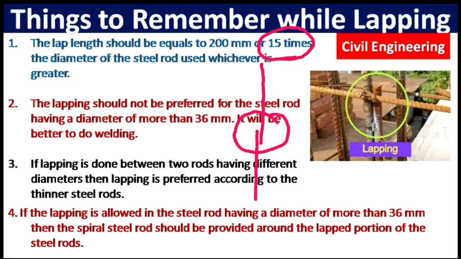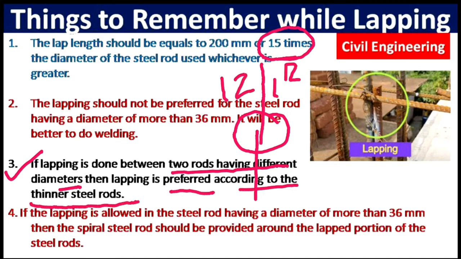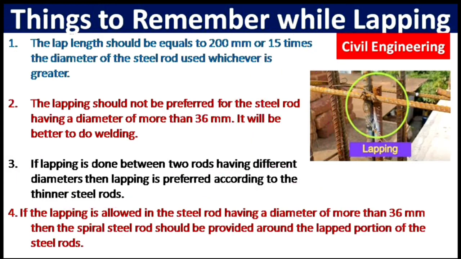So here in the third point it is given that if the lapping is done between two rods having different diameters, then lapping is preferred according to what? The thinner steel rod. If one is 12 mm and another is 10 mm, then we have to use the 15 times with 10.